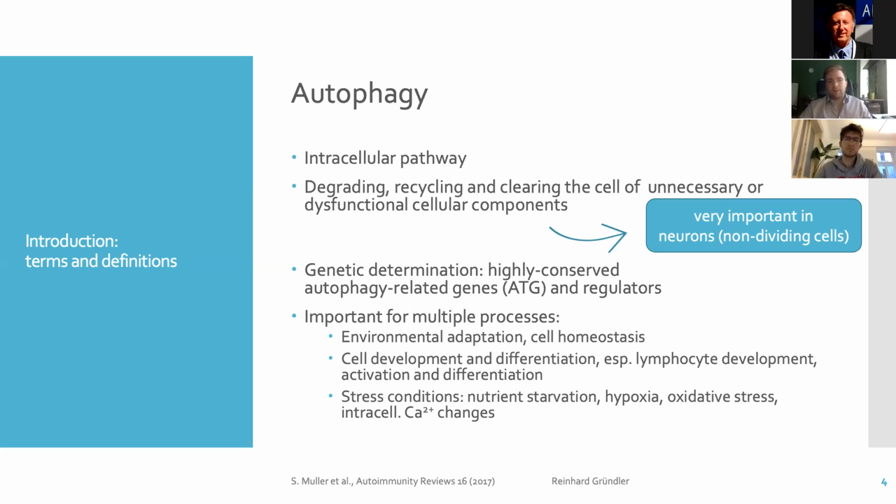It is usually activated in stress conditions, so if cellular stress occurs, such as nutrient starvation, hypoxia, or calcium changes, in which the cell has to adapt to the new circumstances.